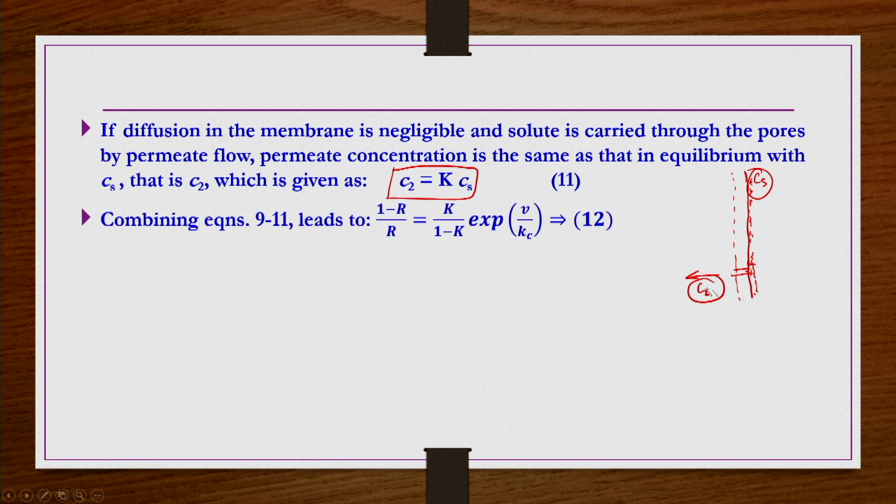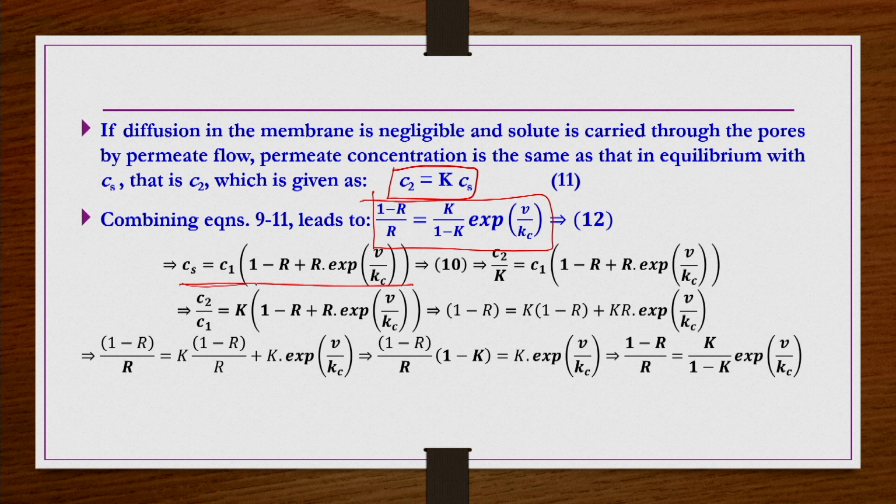Now, if you use this in equation number 11, then we get this expression for the rejection. How do we get it? So, that also we do here. Just now in equation number 10 we derived this equation. What you can do: on the left hand side we have Cs actually. In place of Cs, let us write C2 by K from equation number 11.